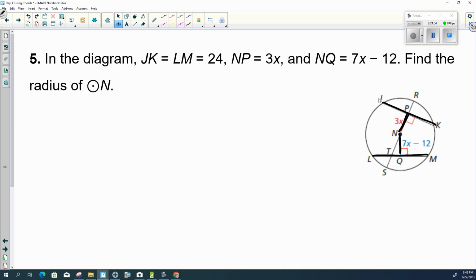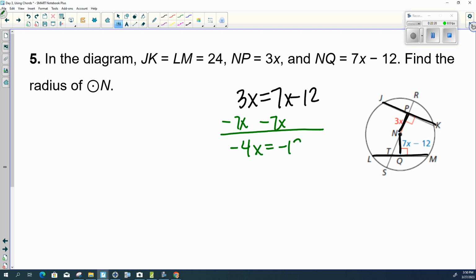I haven't even read forward to see what exactly they want me to find, but I know those are going to be congruent because of that theorem. Let me read it again. The equidistant chords theorem is if and only if. And so we're going to use this minus your 7x. I don't even know what they're wanting me to find yet, but I'm pretty sure I'm going to need this x. So go ahead and finish this.